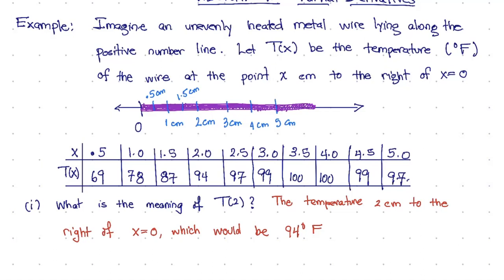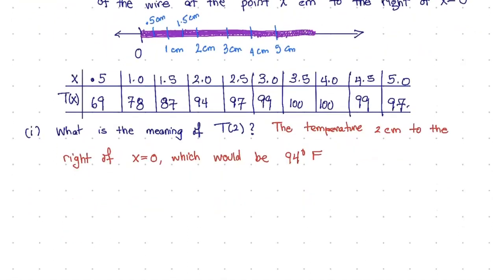If we wanted to estimate the change in the temperature as we move throughout the wire, if we wanted to find how quickly the temperature is changing at the location 2 centimeters, we would have to take a look at the derivative of T, which would indicate to us the rate at which temperature changes with respect to distance.